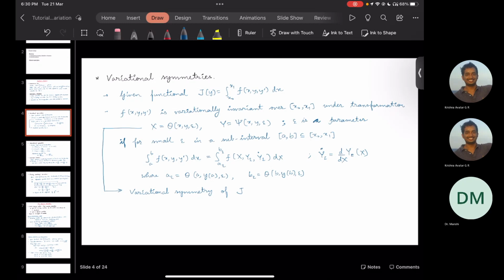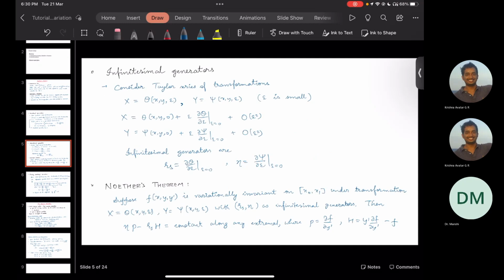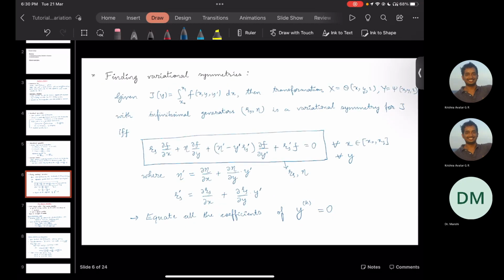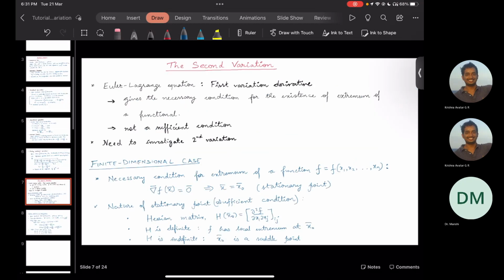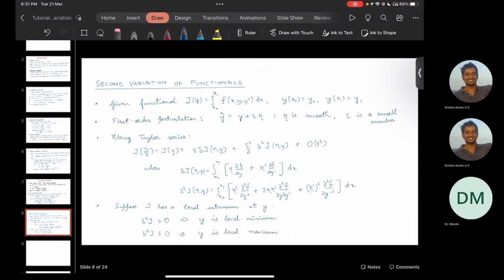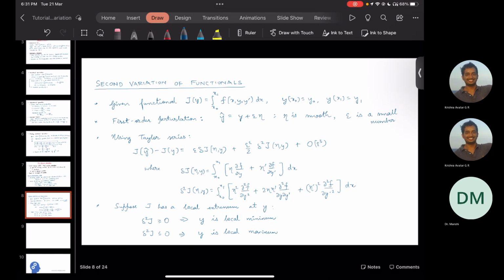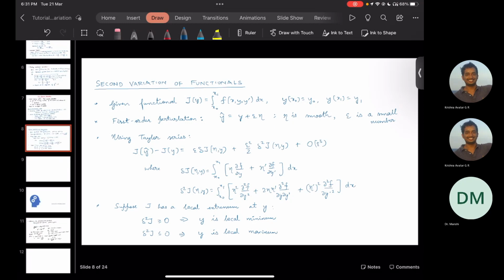We had a brief look at variational symmetries and the meaning of infinitesimal generators, and then we gave a statement of Noether's theorem. Then we talked about how we find the variational symmetries. Then we moved on to talking about the second variation, for both the finite dimensional case and the case for functions.